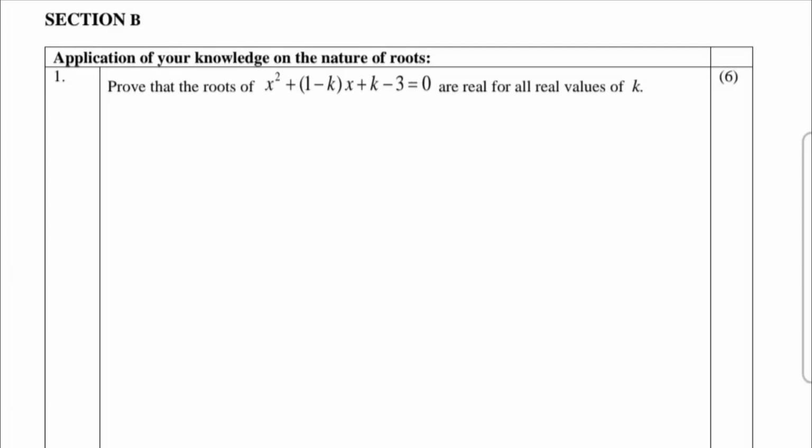Now we start off by writing down the condition. And the condition here is for real roots. For real roots, we know that the discriminant must be greater than or equal to 0.